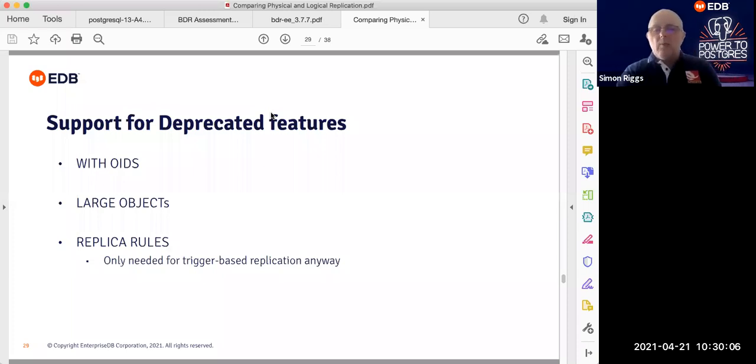And the last one is rules that execute only on a replica, or execute at all on a replica. Now, these were only ever needed for trigger-based replication anyway, so they don't really make sense to use with logical replication. And rules themselves are very difficult to use and mostly deprecated anyway. So these issues are not really anything that we need to worry about.